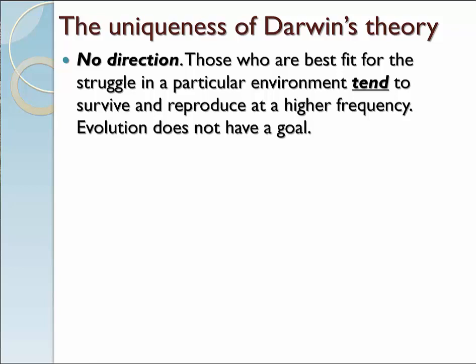And the other thing too is that many of the other theories of evolution that were being put forward, besides Darwin's theory of natural selection, always showed humans as the ultimate goal of evolution. Evolution was directed toward humans. And Darwin said, no, there's nothing inevitable about the evolution of humans.